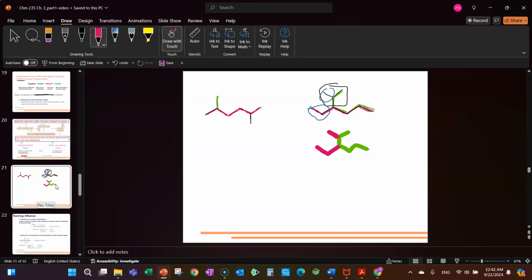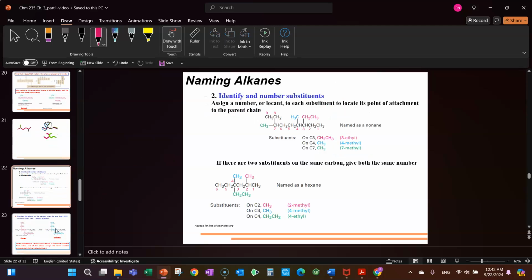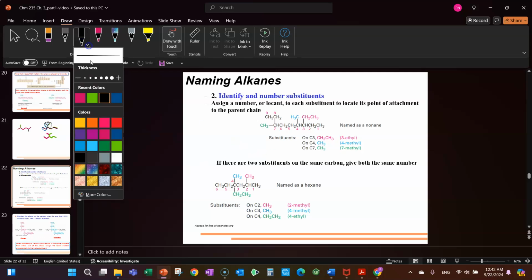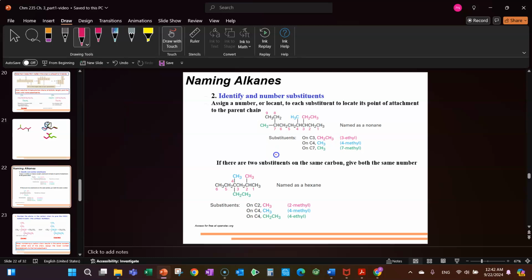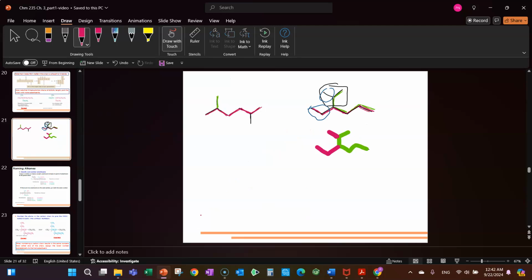Okay, now going back to the next rule. Once you have picked out your longest chain, then you decide to put a number to the substituents. Always number to give the lowest number to the substituent. So here again, let's go back to the previous example I had.